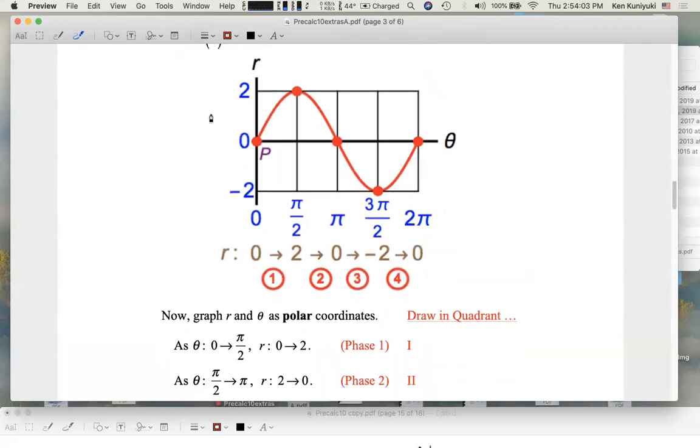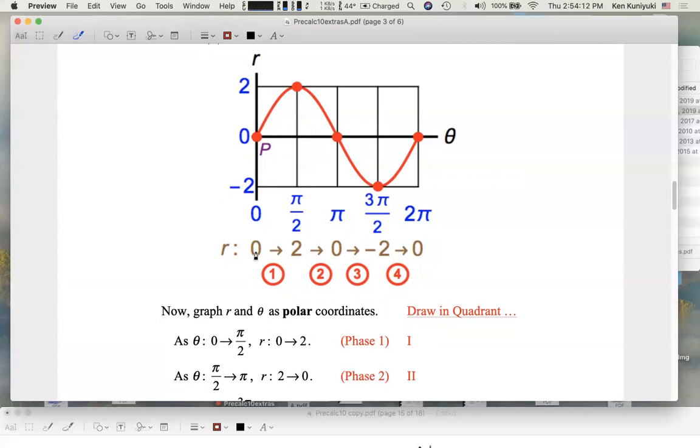So now we're going to trace the behavior of r as theta changes through these phases. In phase 1, theta is increasing from 0 to pi over 2. R is increasing from 0 to 2.